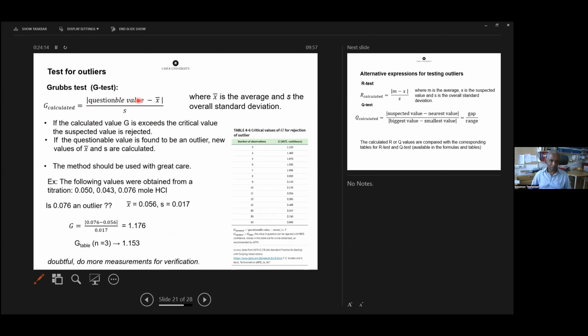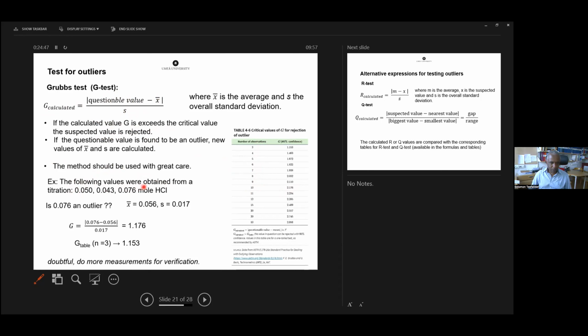If you have 10 measurements, then the average of all 10 measurements, and then the standard deviation. If the calculated value exceeds the critical value, then the suspected value is rejected. And here is a table for Grubbs' test. If we have 10 measurements, and we have a value which is greater than 2.176, then we can reject it.